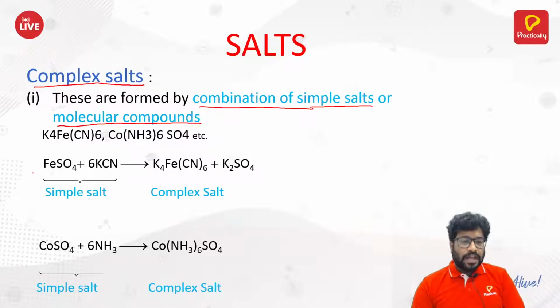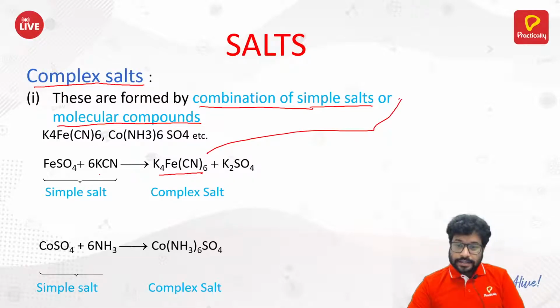For example, FeSO4 combining with KCN gives you K4[Fe(CN)6]. If I show you its structure, it actually looks like this.